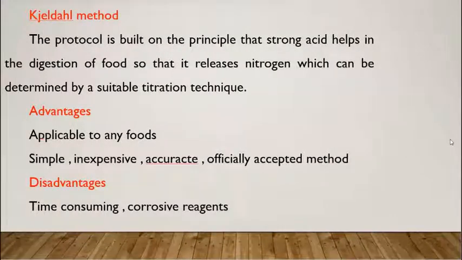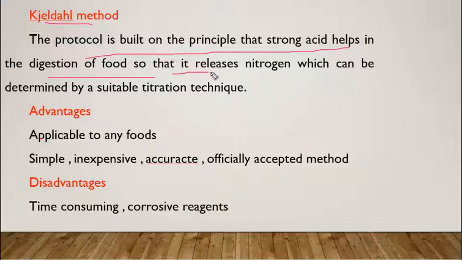So next, let us look into the methods. The Kjeldahl method: the protocol is built on the principle that strong acid helps in the digestion of food so that it releases nitrogen, which can be determined by a suitable titration technique. These complex methods are not required for us, but for your knowledge it will be useful. Just remember that it is used to determine the nitrogen content.